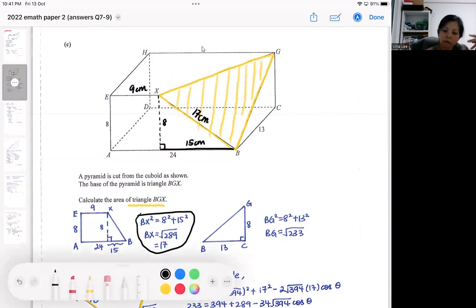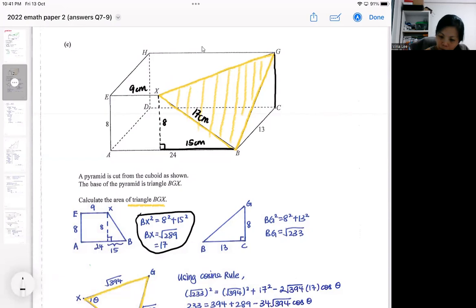And remember, this is a tissue paper box. So this part is also another 90 degree, which I can get this part as square root 233.